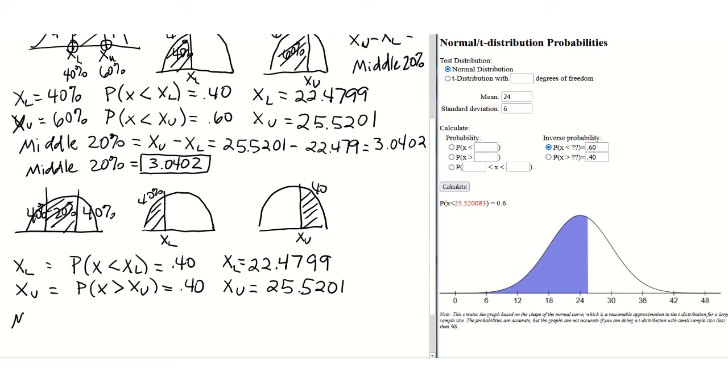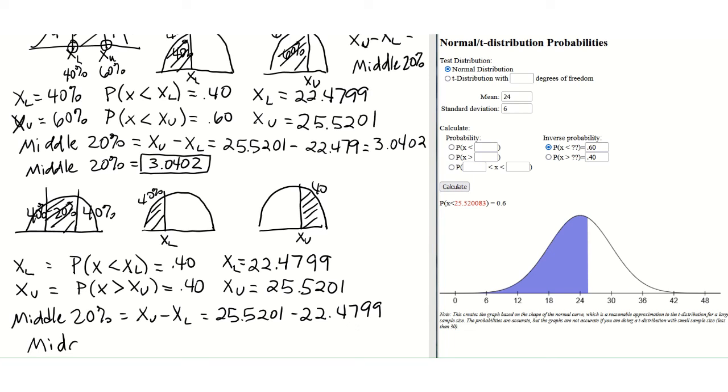And then once again, if I want to get the middle 20%, I'm going to take that upper value minus the lower value, and that difference is going to give me my middle 20%.